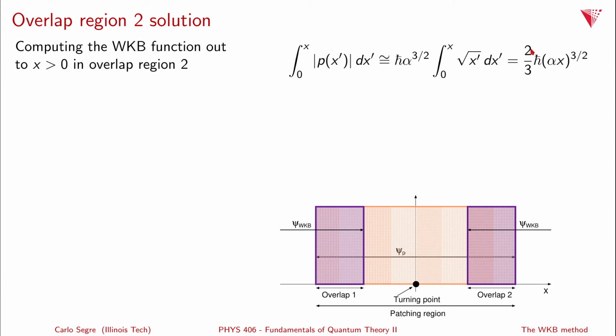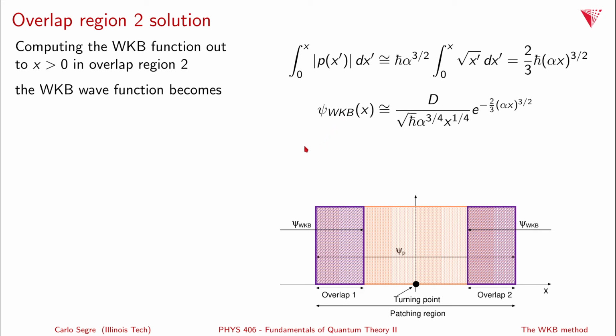And when we integrate this out, it's very straightforward. It's 2/3 h bar times alpha x to the 3/2. That means the WKB wave function can be written as follows. Some constant D over the square root of h bar alpha to the 3/4 x to the 1/4, e to the minus 2/3 alpha x to the 3/2.